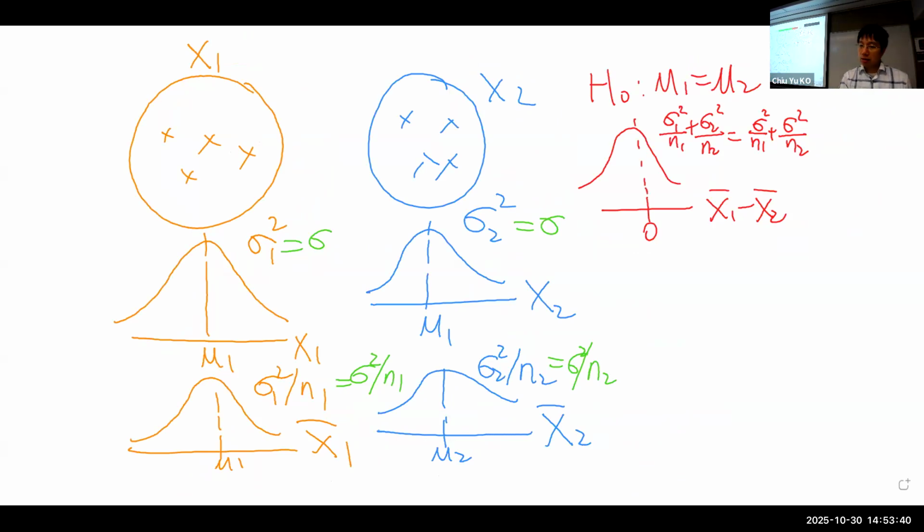So that is what we see. We can do a Z test if we know sigma, but we just make our life easier. We skip the Z test and do the T test.